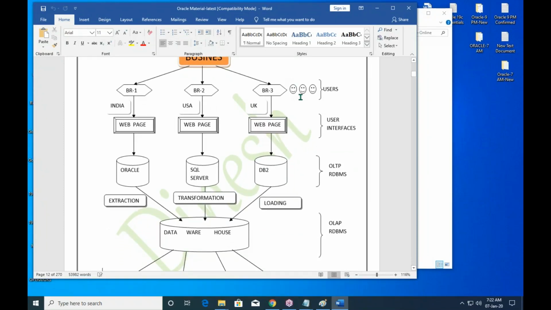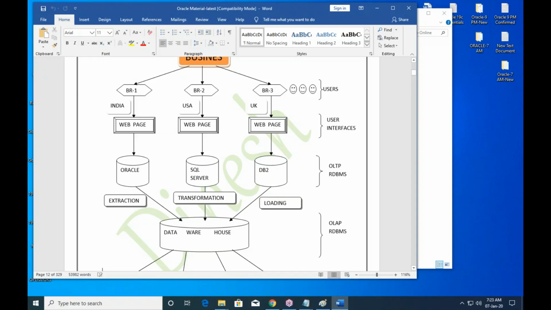If any user makes any transaction here, that transaction information is saved under the backend database server. Don't miss this point. These backend database servers are called OLTP RDBMS, Online Transaction Processing RDBMS. So every day, so many people do transactions.